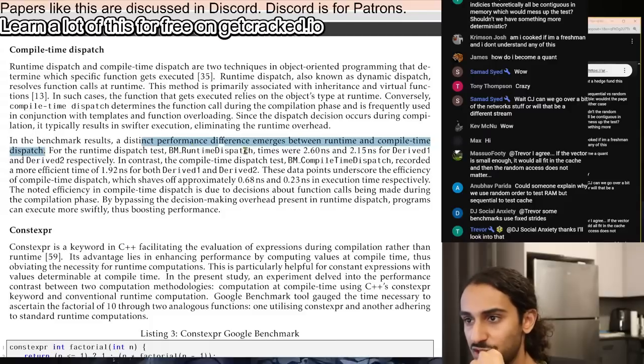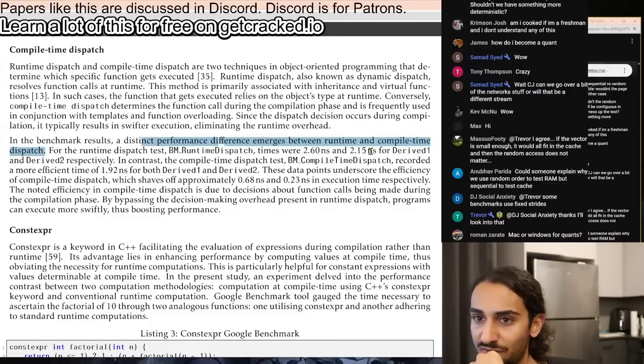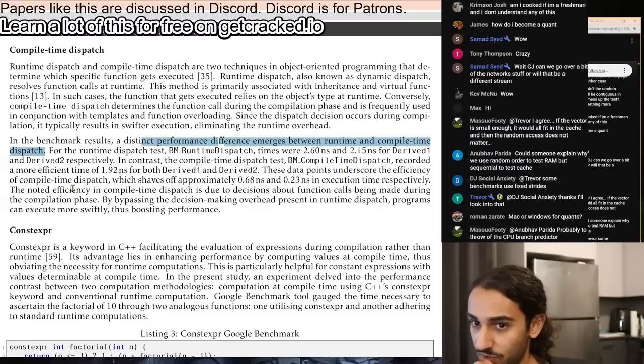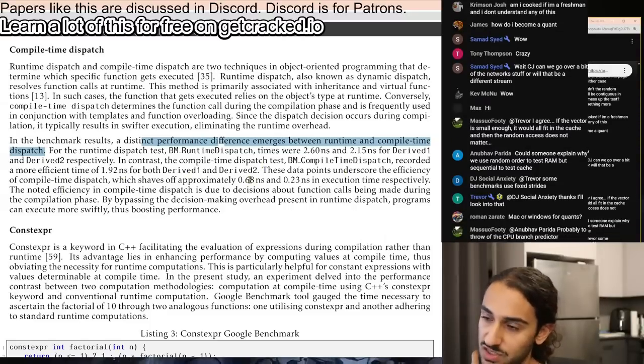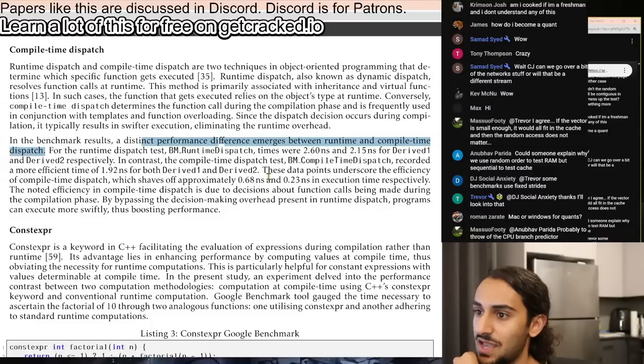For the runtime dispatch test, times were 2.6 nanoseconds and 2.5 for derived 1 and derived 2 respectively. In contrast, with compile time dispatch, we recorded a more efficient 1.92 for derived 1 and 2. These data points underscore the efficiency of compile time dispatch, which shaves off approximately 0.68 nanoseconds and 0.23 nanoseconds in execution time, respectively.